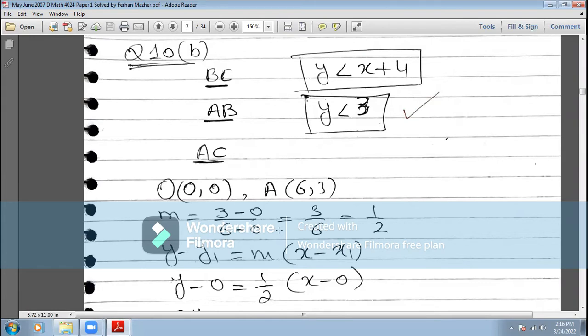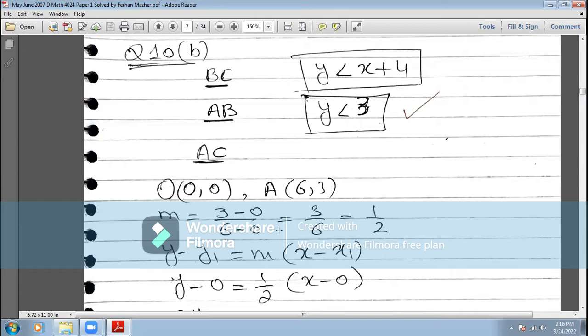So y is less than x plus 4. The AB line, its equation is y equals to 3, and that required white area is below this line. So in the place of equal, I will put inequality sign, and because the area is below this line, the crocodile's back will be towards the y. For the AB, the inequality will become y less than 3.